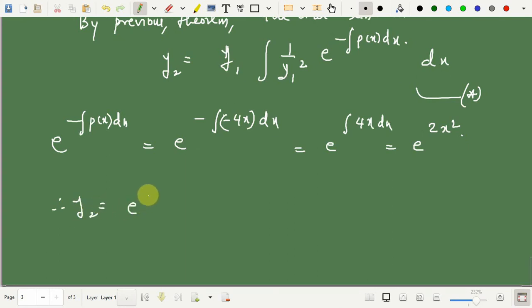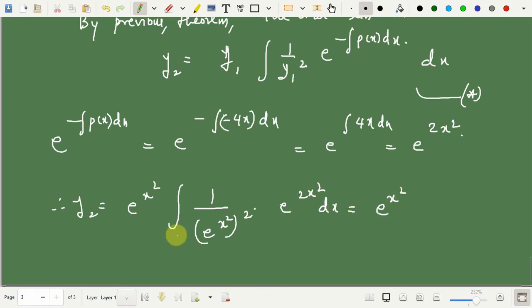y2 is the same as y1, that is e raised to x squared, integral of 1 upon y1 squared. So that is e raised to x squared the whole squared into this value, that is e raised to 2x squared dx. And so when you evaluate this, e raised to x squared the whole raised to 2 is basically e raised to 2x squared, and this is e raised to 2x squared dx.